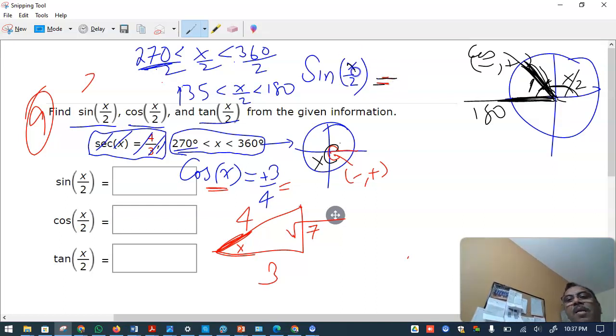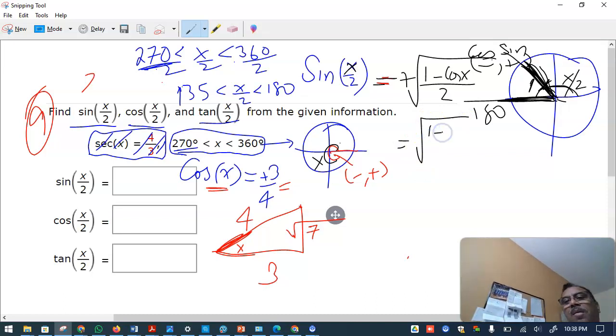So if I want to find sine x by 2, sine is positive there. Because the formula is plus and minus the square root of 1 minus cosine x divided by 2. So this will be square root of 1 minus cosine, which is 3 over 4.